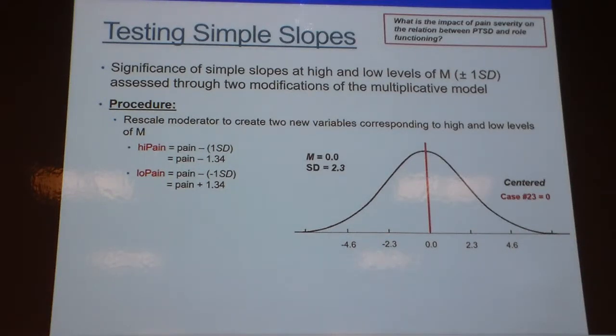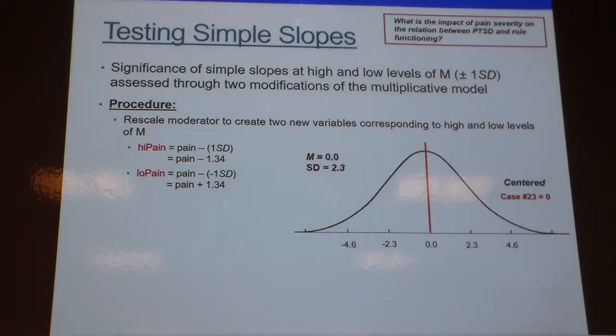Because here, Morgan has average levels of pain. She's at 0, right? But if I subtract a standard deviation, Morgan now has a negative score. So average levels of pain now correspond to a value of negative 2.3, and 0 now corresponds to high levels of pain, right? Same thing if we create a new variable called low pain, and we add a standard deviation.